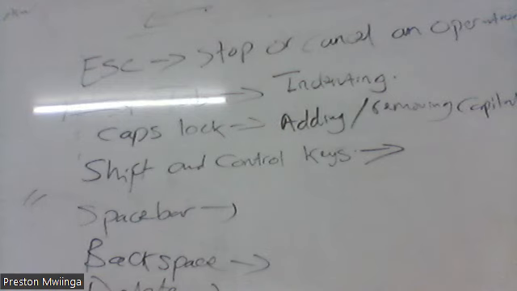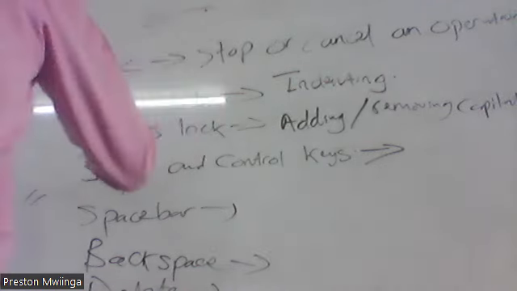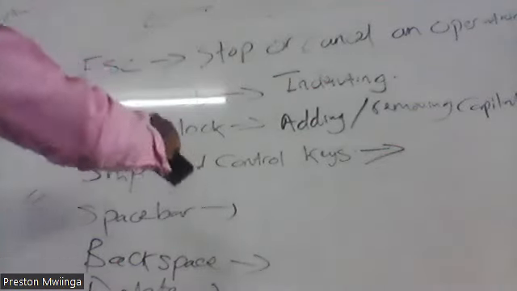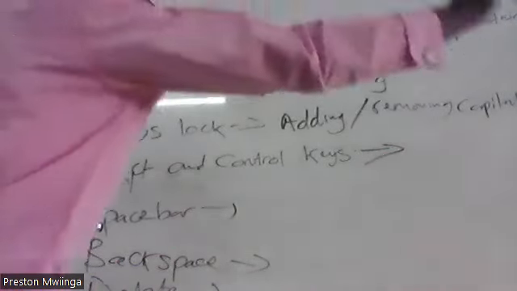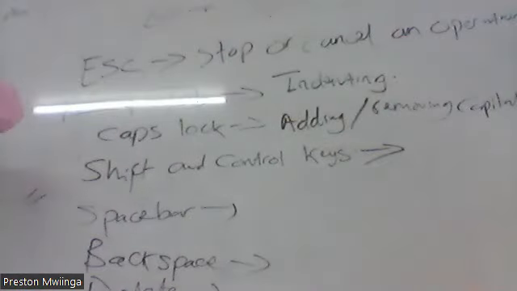Okay, so it's simple. The backspace key and the delete key are both used for deleting files and letters and so on, isn't it? But the difference is that the backspace key, this is our keyboard, will delete from the right to the left.